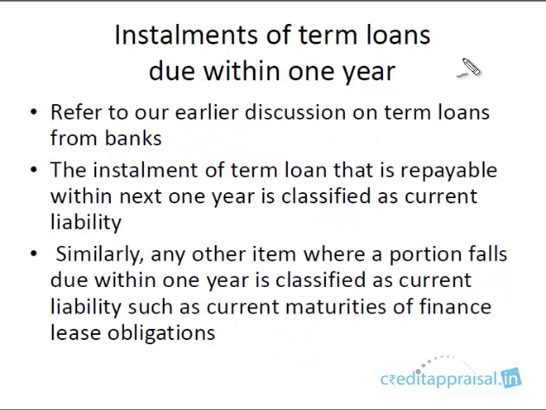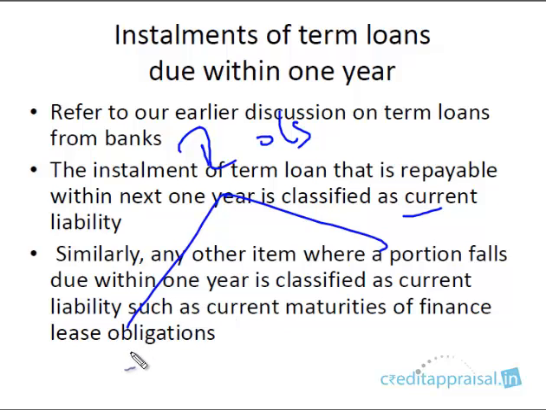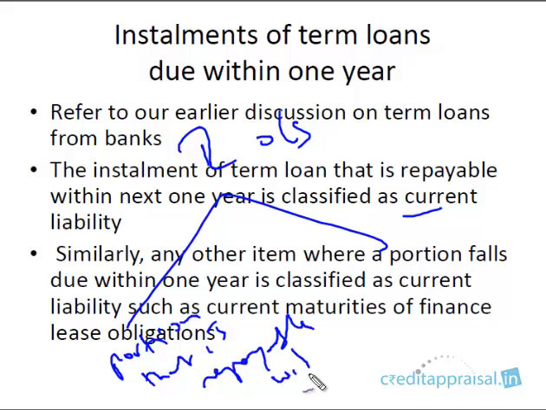Then there is an item, installments of term loan due within 1 year. So if you refer back to the discussion, the installment of term loan that is repayable within the next 1 year is classified as current liability. You can split the term loan outstanding into two parts: the portion that is due for payment within the next 1 year, and the balance.